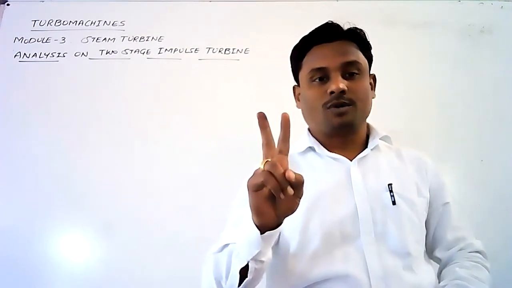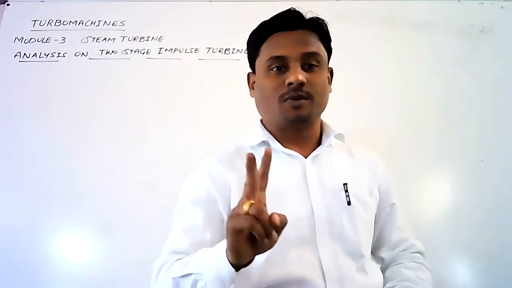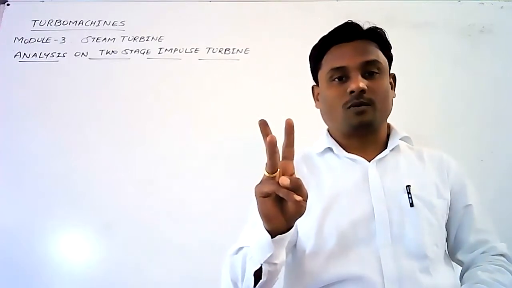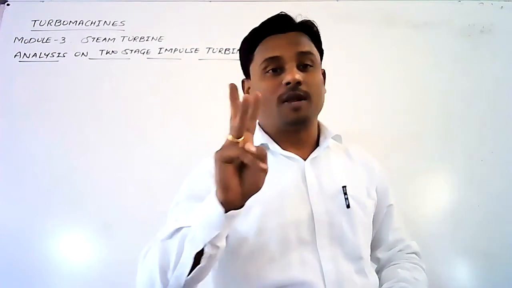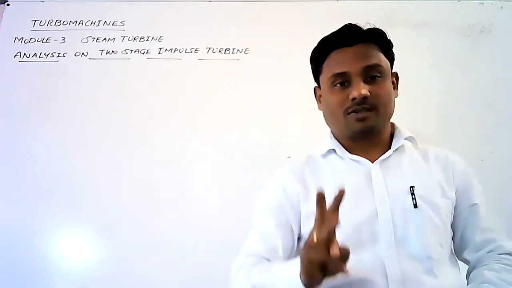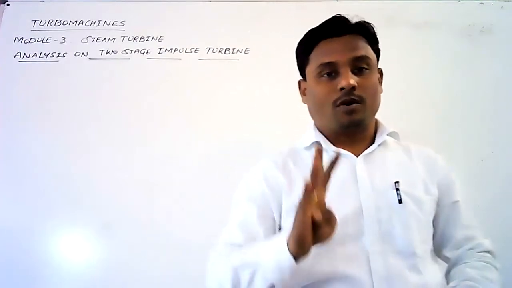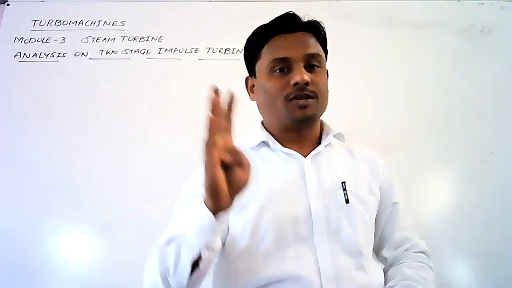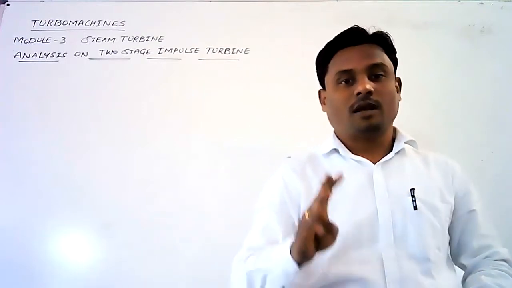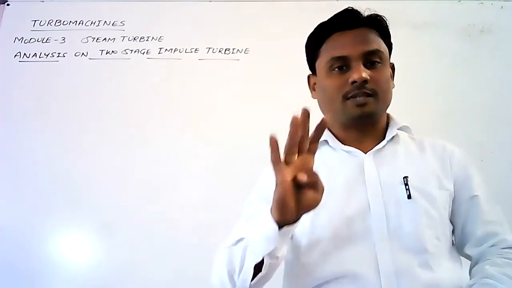The second is the condition for maximum blade efficiency of a two-stage impulse turbine. The third is the condition for maximum blade efficiency of a 50% reaction turbine or Parsons turbine. And the fourth is the concept of compounding, where we study pressure compounding, velocity compounding, and pressure velocity compounding.